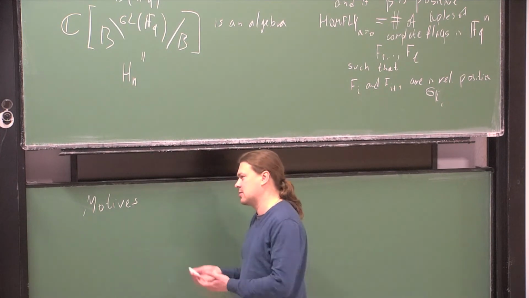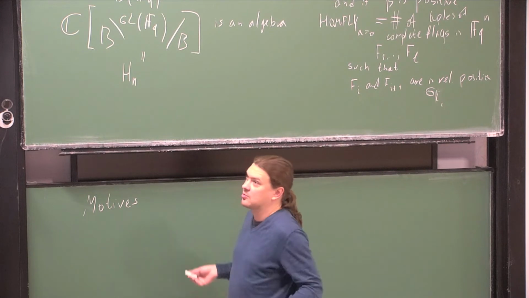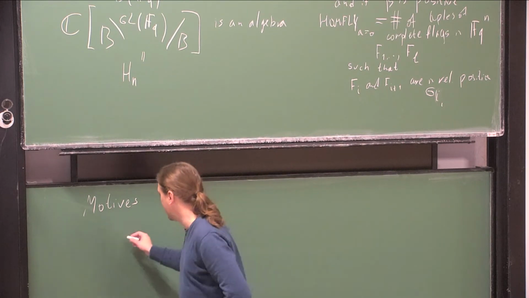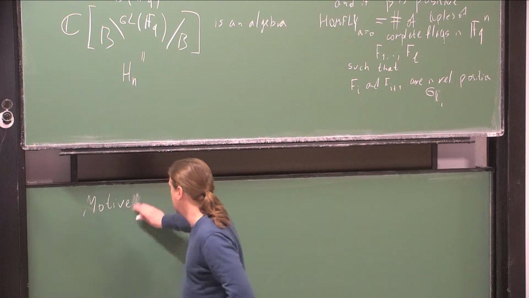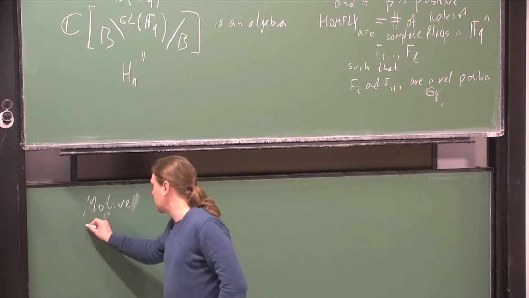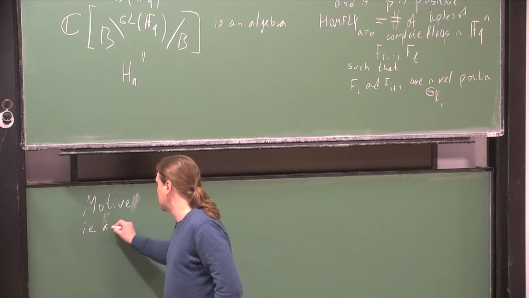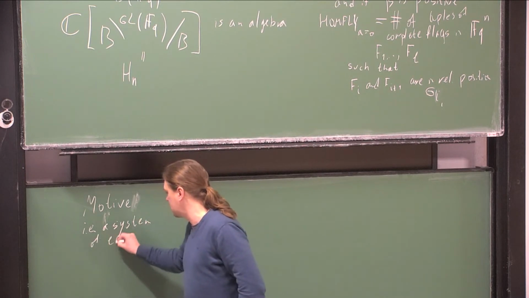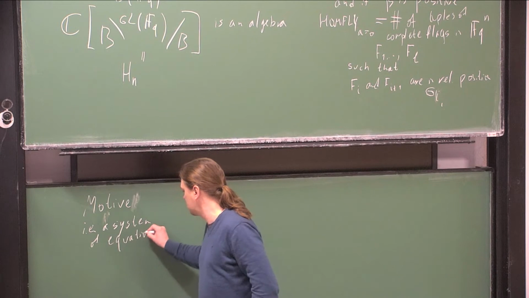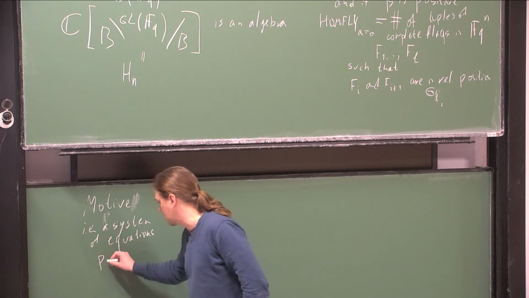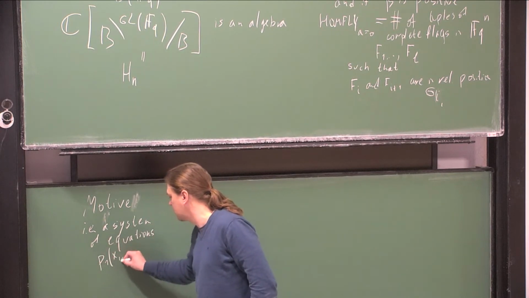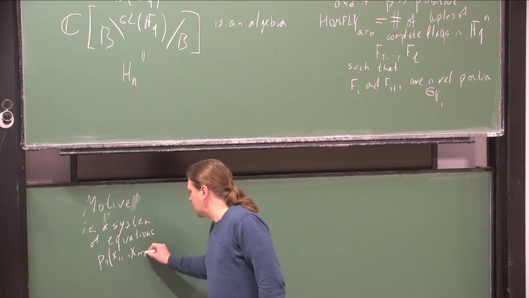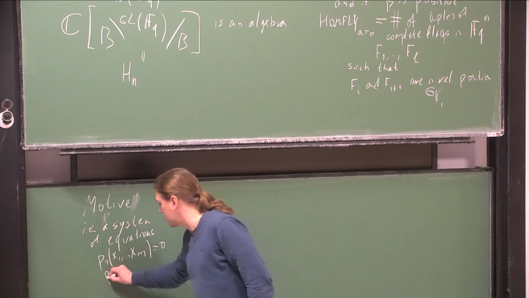Let's say just take any system of polynomial equations. So the motive, let's say, is a system of equations in some variables like P_1, P_2, and so on.